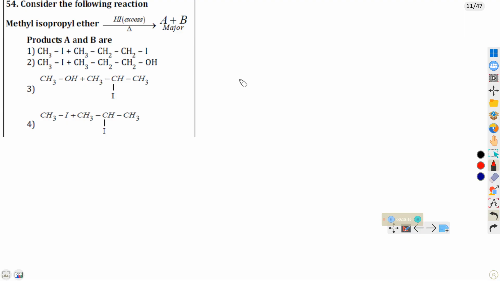Methyl isopropyl ether: CH3-O-CH(CH3)CH3. Methyl isopropyl ether reacts with excess of HI. First of all, it reacts with HI.